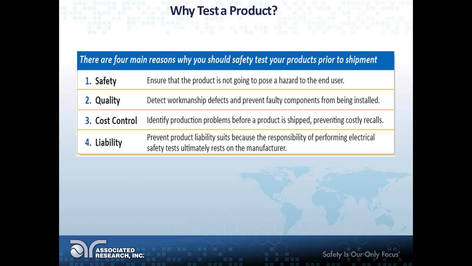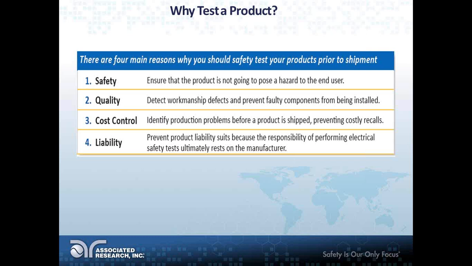The next reason is quality. Of course, we want to make sure there are no workmanship defects in our products, and prevent any faults from occurring once our products are out in the market. Cost control is another reason why we perform electrical safety tests, because we want to identify any problems before a product is shipped, and that way we can prevent costly product recalls.